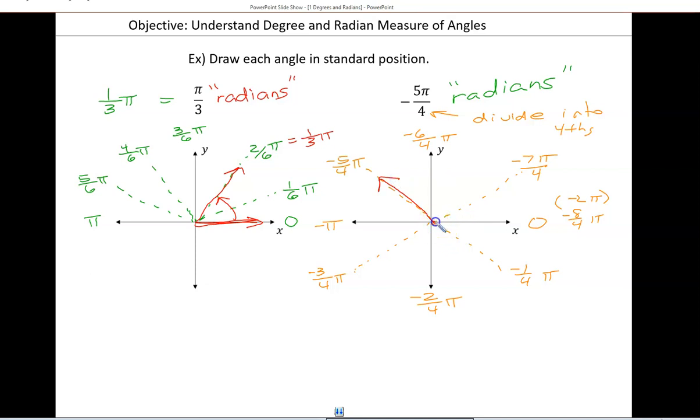My initial side, of course, is back over here on that positive x-axis. Now I want to be careful that I draw my arc in the negative direction from that starting initial side. So here's my initial side. Negative means I start down and arc to my terminal side, like so.